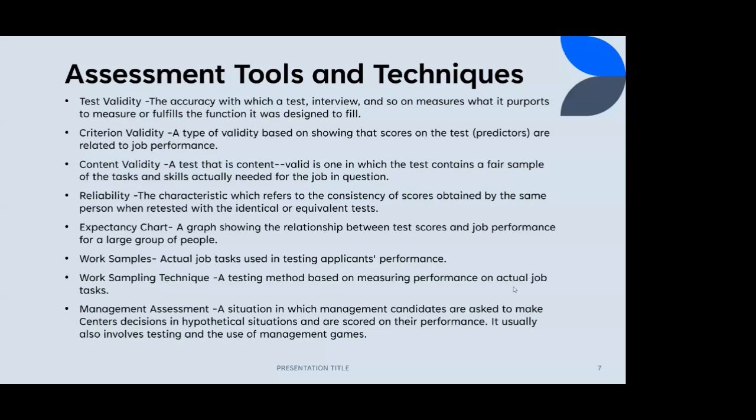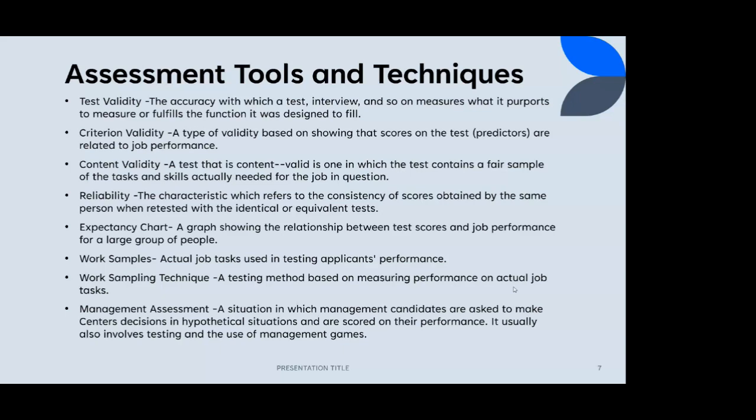Criterion validity, a type of validity based on showing that scores of the test are related to job performance. So we take the results from the test, and now we want to make it valid to what we require from this position and from the candidates. So this is the criteria validation.